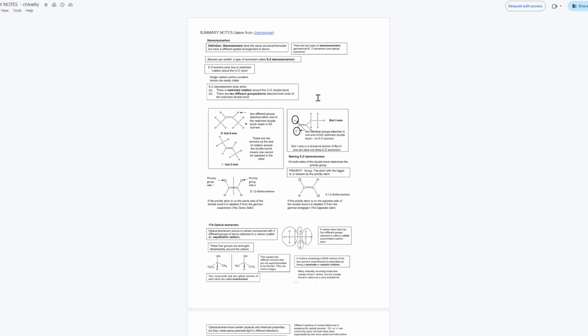Okay, stereoisomerism. Stereoisomers have the same structural formula but have different spatial arrangement of atoms. Two types of stereoisomerism: geometrical and optical.